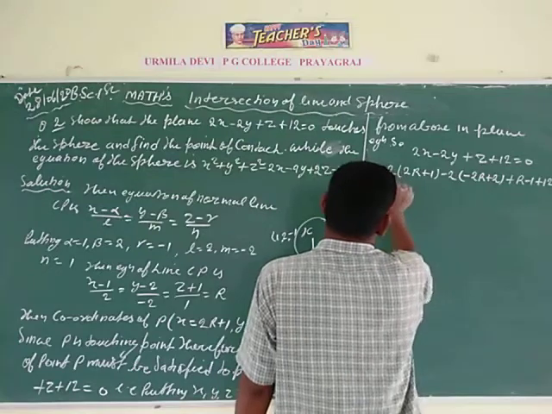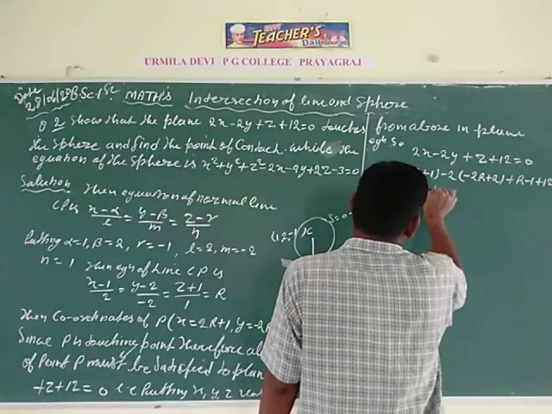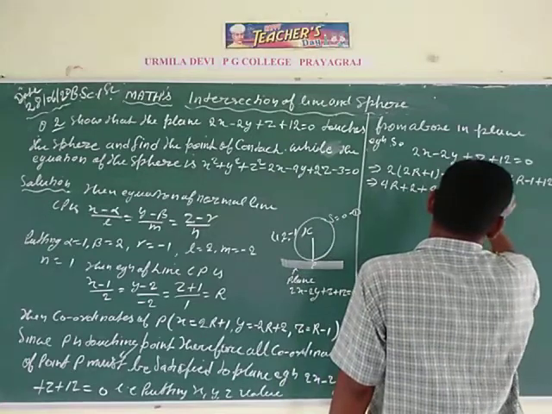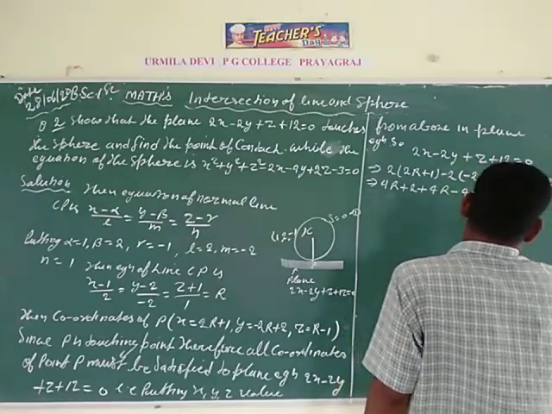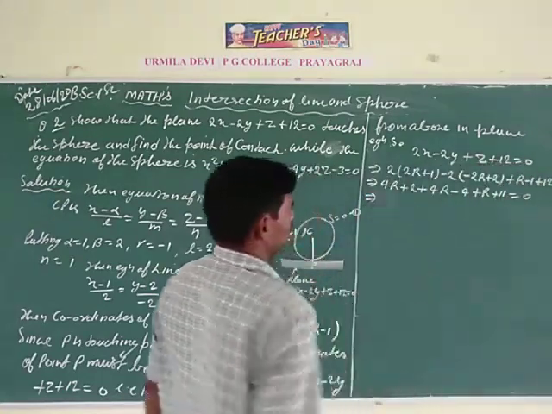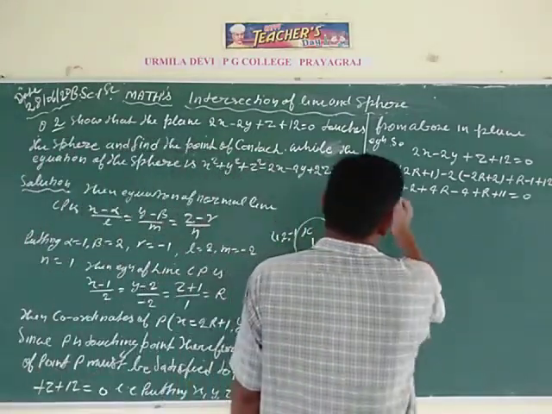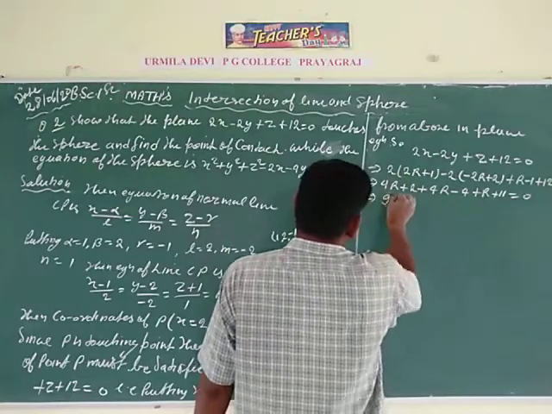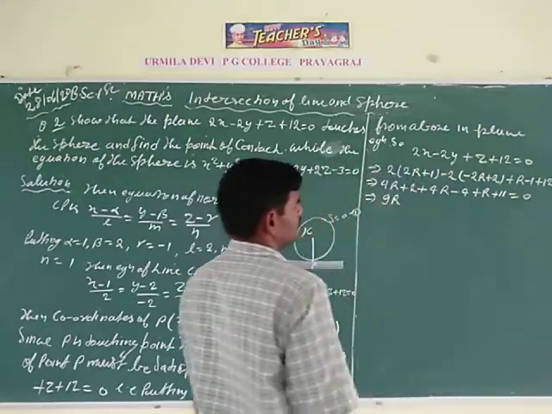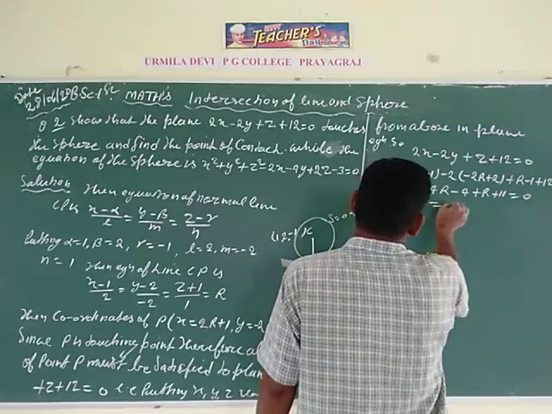So it is 4r plus 2 plus 4r minus 4 plus r minus 1 plus 12 is equal to 0. 4r and 4r is 8r, plus r is 9r, and 2 minus 4 is equal to minus 2, plus 11 is equal to 9, so 9r plus 9 is equal to 0.